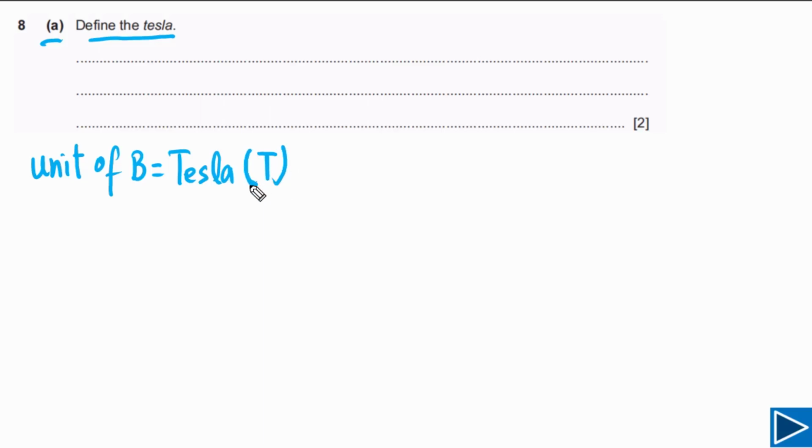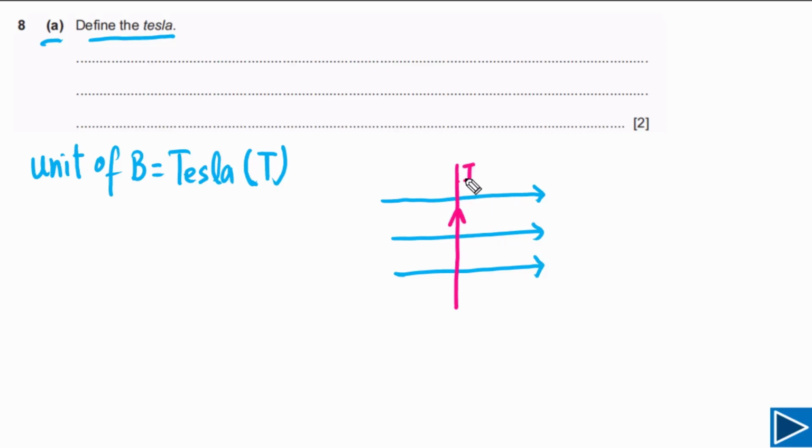Now let's try to understand how we can define Tesla. Imagine that we have a uniform magnetic field. Inside this uniform magnetic field, we place a wire, and there is current in this wire.